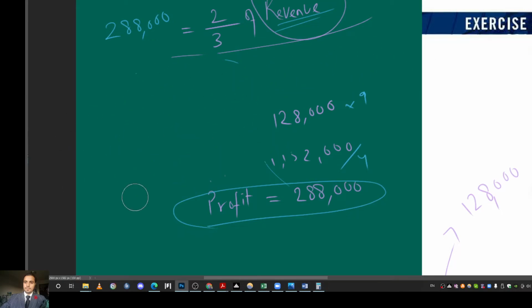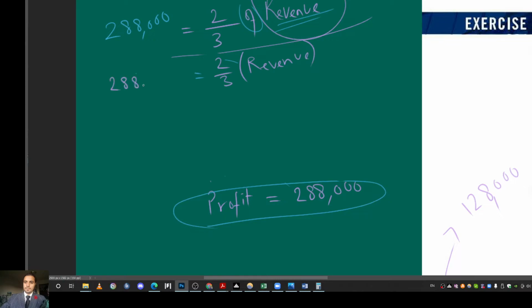So what we do is basically, this is a multiply, so this is going to be 2/3 times revenue equals 288,000. Now if you multiply this whole thing with the 3, then this and this get canceled, and then we have to obviously multiply 3 here too to maintain the integrity of this equal sign.